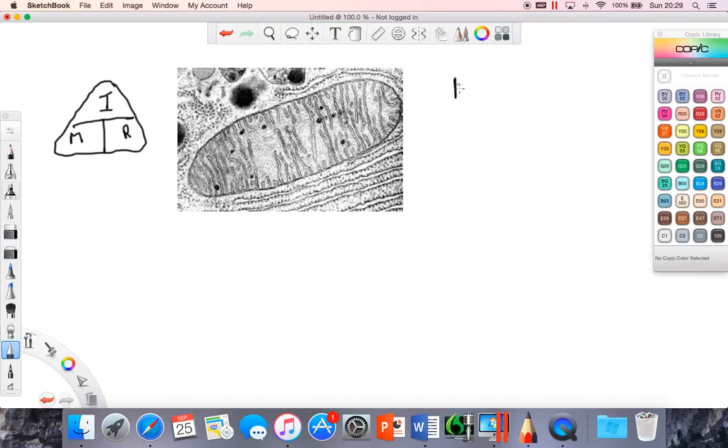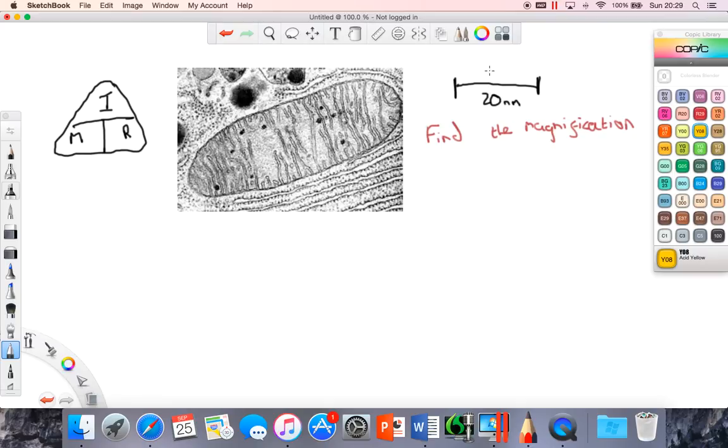Again, you may be given a scale bar, and you may be told that each one of these represents 20 nanometers. You're going to be asked to find the magnification again, so you're going to need to measure this once more.